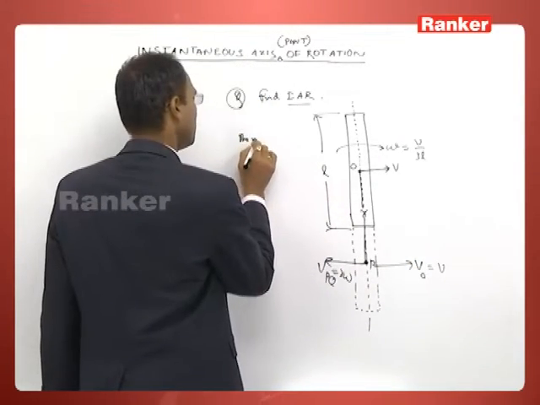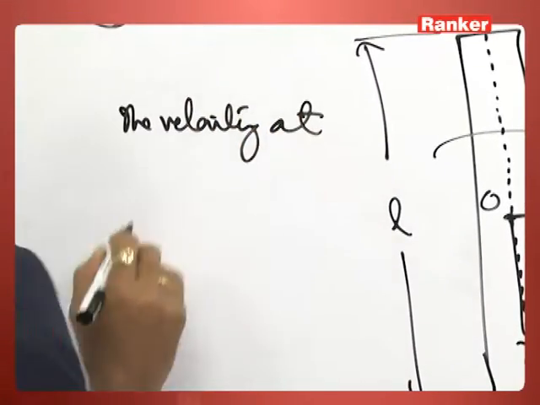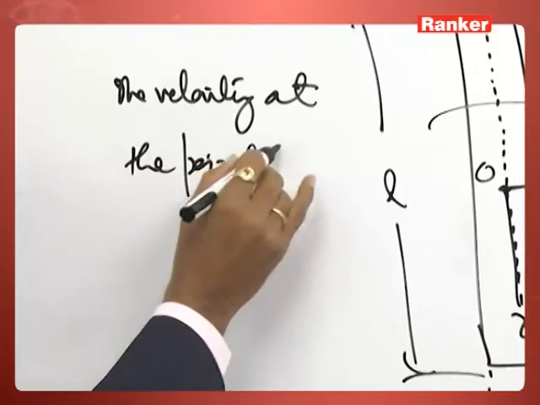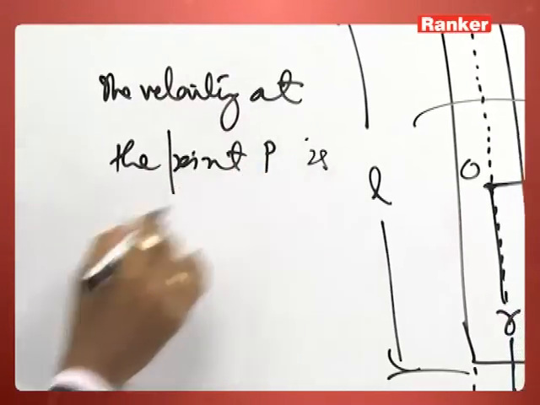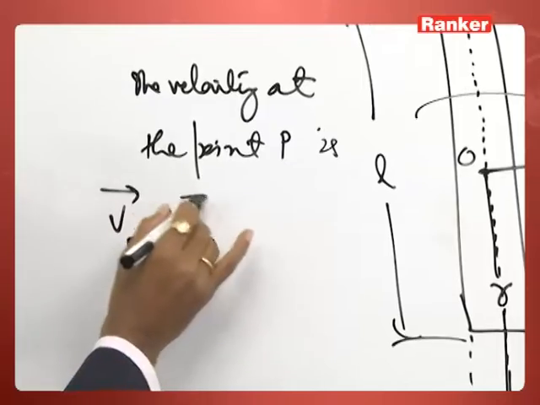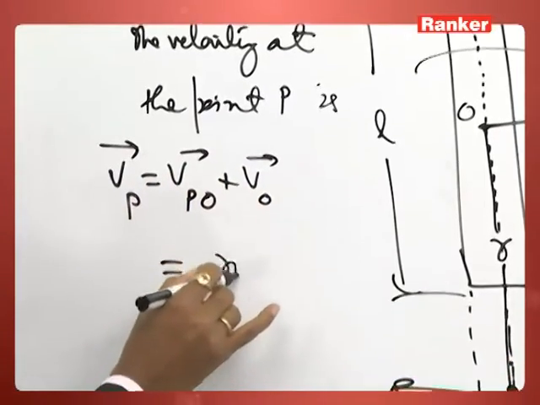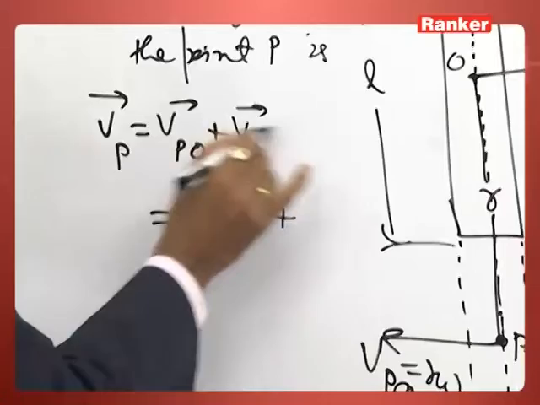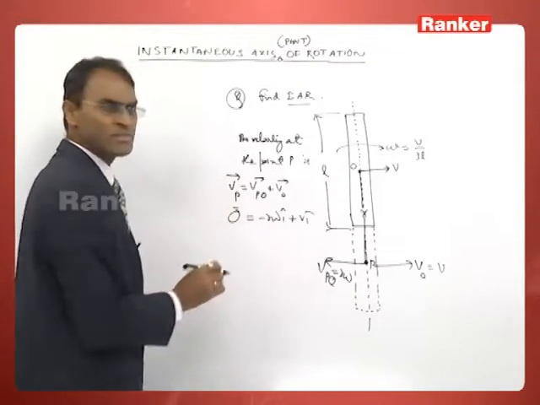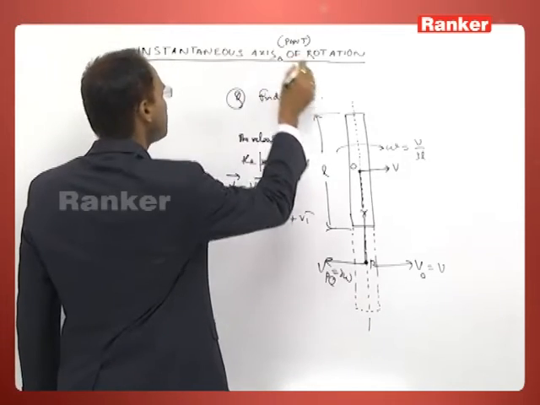The velocity at the point P is given as Vpo plus Vo. Vpo is equal to minus r omega i cap. Vo is equal to V i cap. And put Vp is equal to 0 as per the principle of the instantaneous axis of rotation.